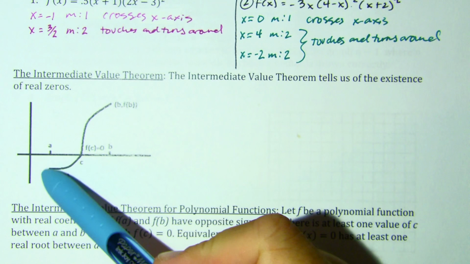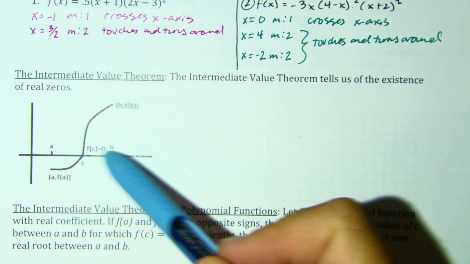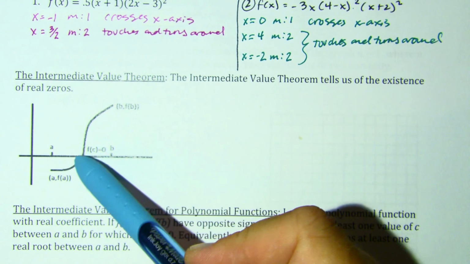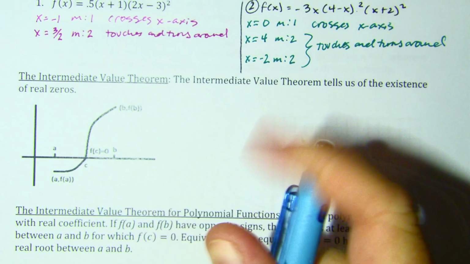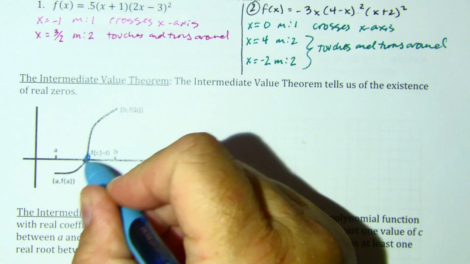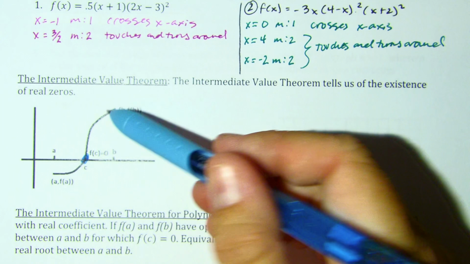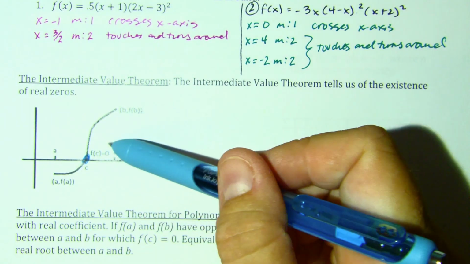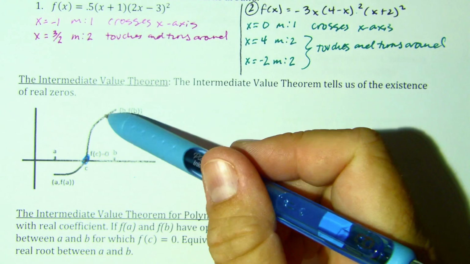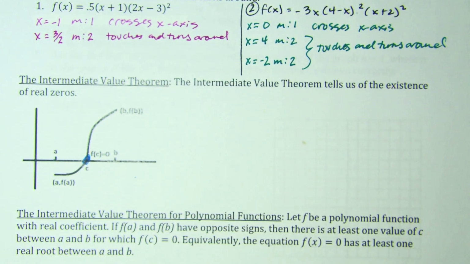If I have a value below the x-axis and then a value above the x-axis, between those x values, somewhere it's going to have to cross the x-axis, meaning we'll have a root there. That means there will be some spot where the graph actually touches the x-axis. And we know that if it's negative here and positive here, the function can't go around the x-axis. It's going to have to cross it at some point between a and b.